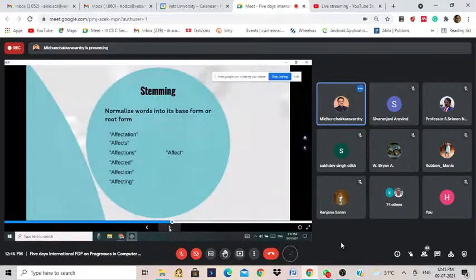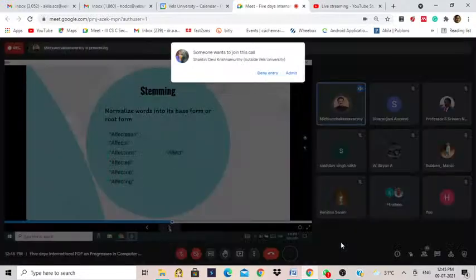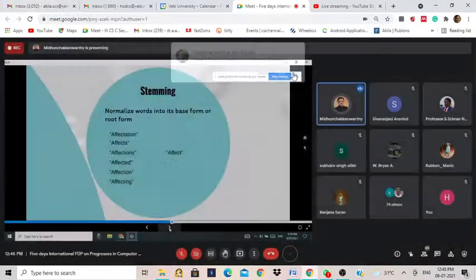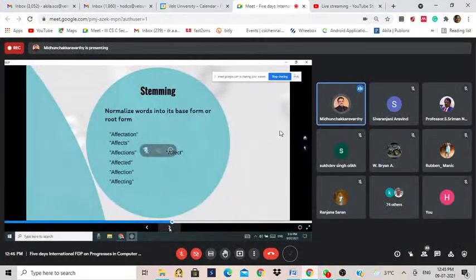So first, your complete text will be split into single words. For the repeated words, it will identify only the root word. So everything is affect, right?